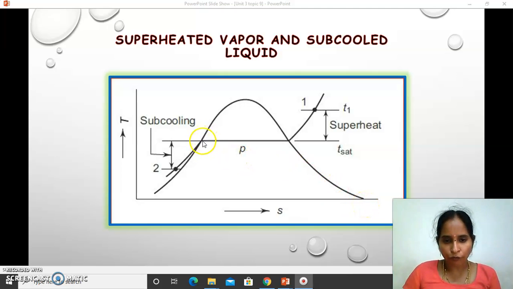For the given pressure, so pressure is fixed, if the temperature of the water vapor is the same as the saturation temperature, then it is called dry saturated steam. Here, for the given pressure, the temperature of the steam would be the same as the saturation temperature, right?